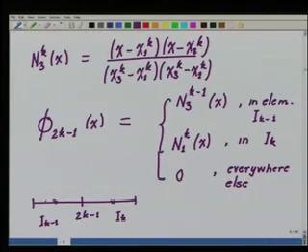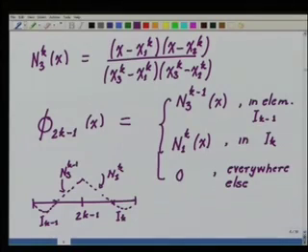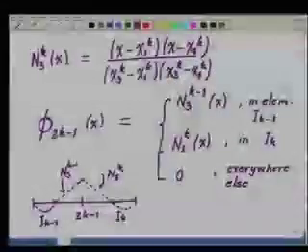So the function is given as n3 of k minus 1, which we now know how to construct, and here n1 in k. So this way we can construct all the global basis functions, odd ones, using these nik's defined in the element.